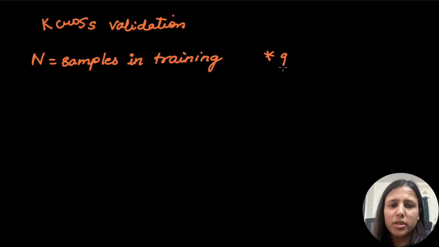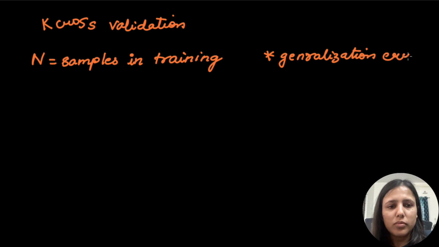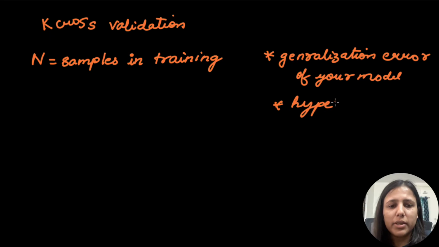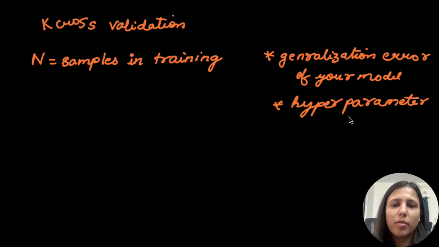One is you want to check the generalization error of your model, or you could do hyperparameter tuning. A model has a lot of configurable parameters, for example, batch size, or how many layers you want to use in your neural networks. These are some of the examples. You might want to fix those using this particular approach, which is K cross validation or K fold cross validation.